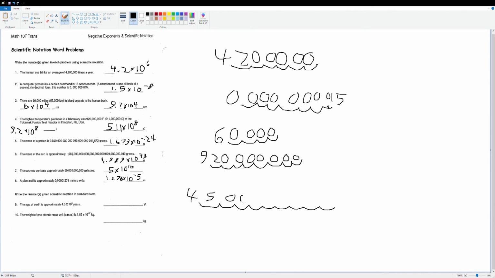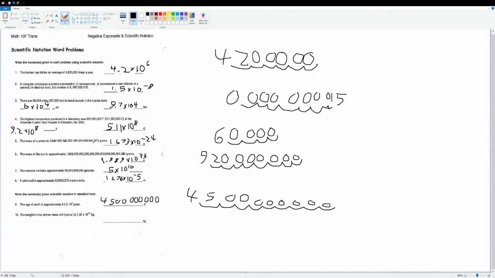Fill in all the zeros. So that is 4.5 billion years old.